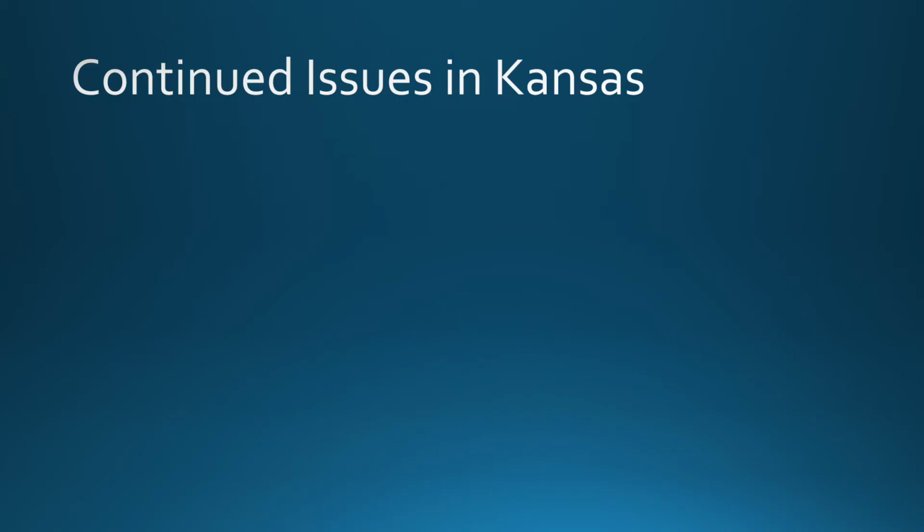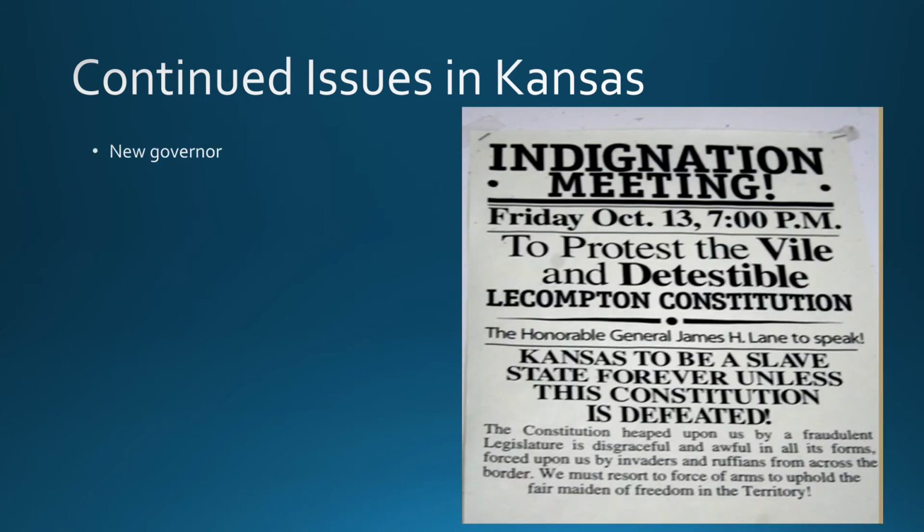Okay, I want to go back to Kansas real quick and tell you what occurs there. And as you might guess, it is just straight up madness. There's going to be a new governor that comes into the state in the later part of the 1850s, and he restores a little bit of normalcy and order, but still a tense and tight situation.